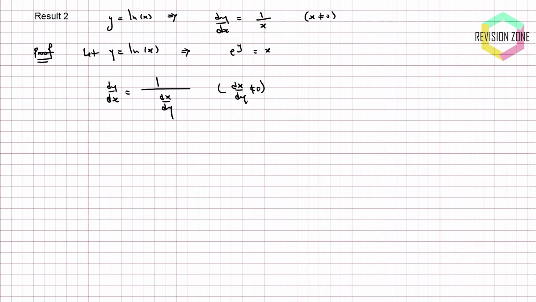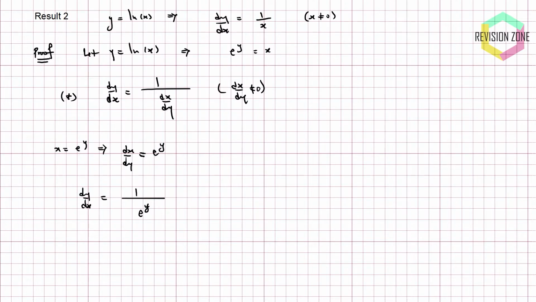Since x equals e to the y, that tells me that dx by dy, because we can differentiate exponentials and they give us the exact same thing, is e to the y. Now I can go to this result and say that dy by dx is equal to 1 over e to the y.